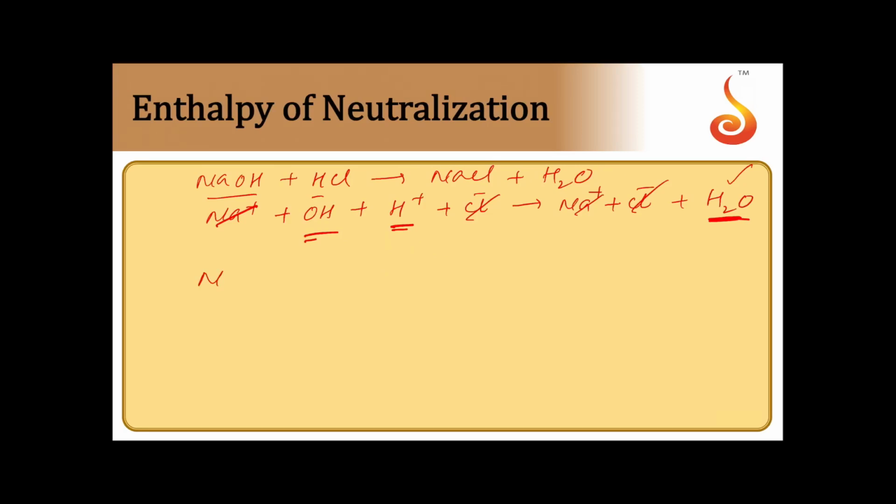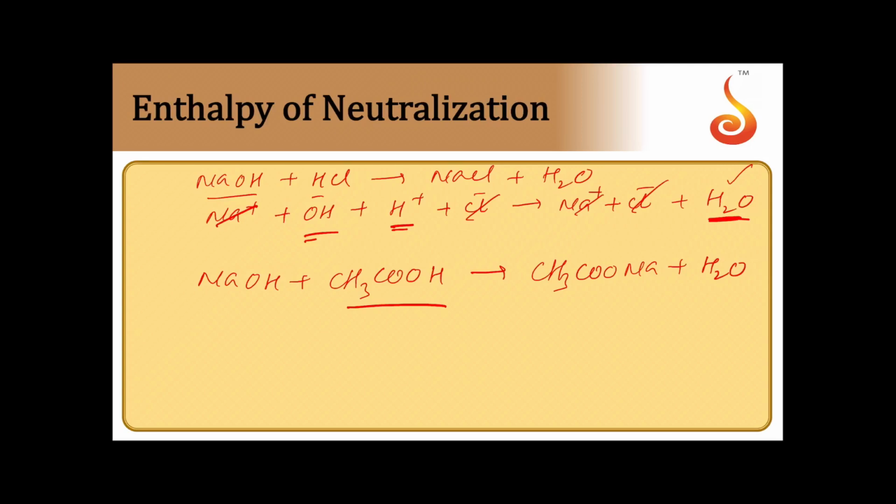That is to say, when you take NaOH plus CH3COOH, a weaker acid here, forming sodium acetate plus water. In this reaction, acetic acid is a weaker acid.